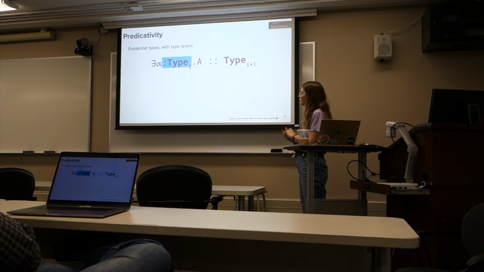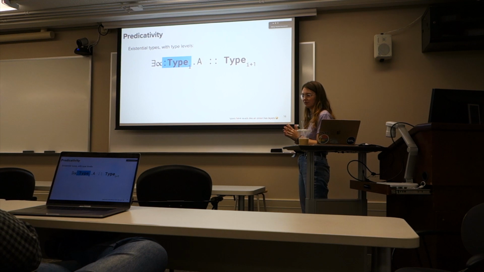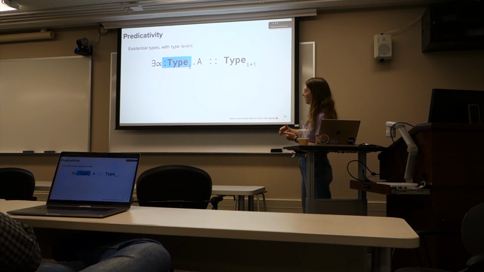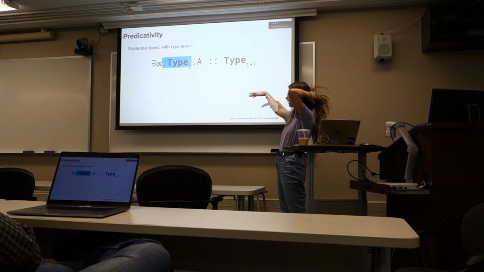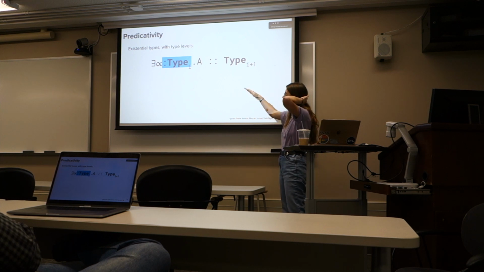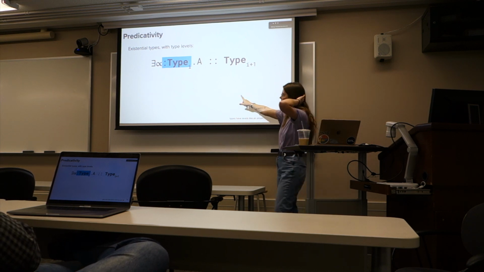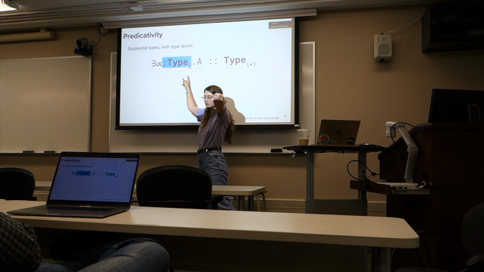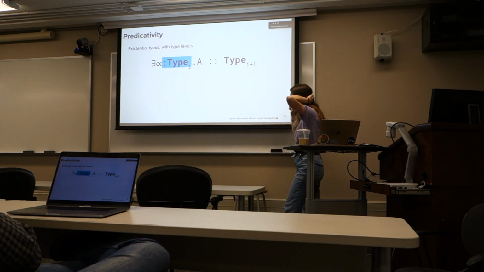If we wanted to make our existentials predicative instead of impredicative, we would add a kinding system to our types with type levels. Here we add an extra annotation to our type variable alpha for our existentials.